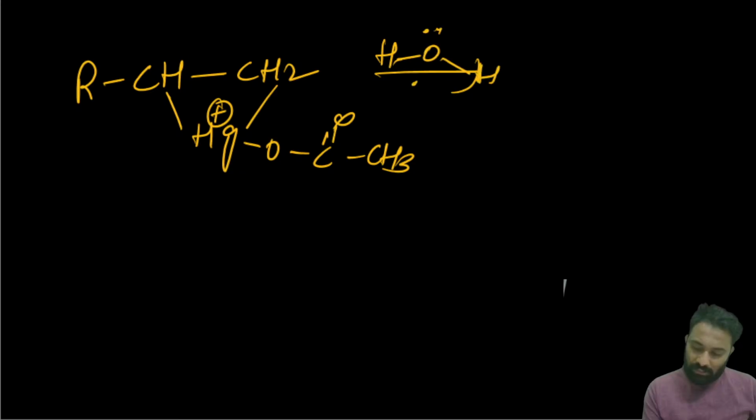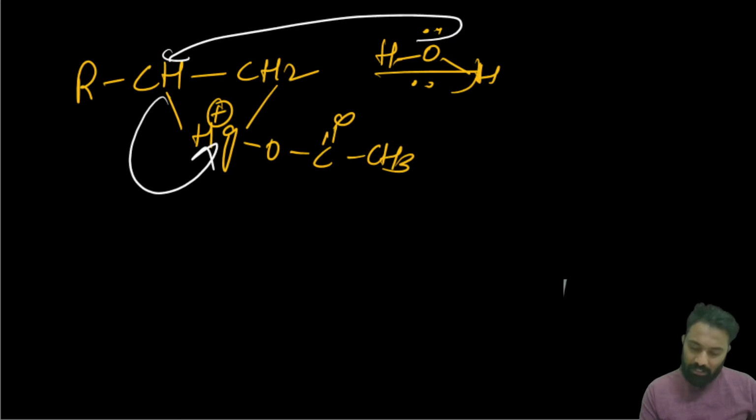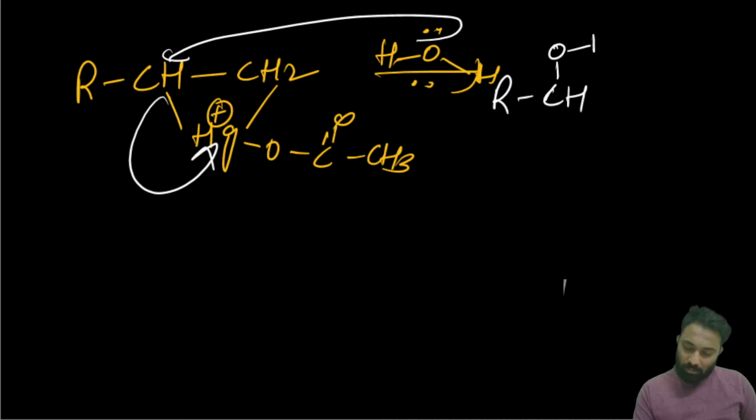Then oxygen contains the lone pair of electrons. This lone pair of electrons will go and attack here. Now again this Hg will take this bond pair of electrons. Now here the O, and here it will get the H.